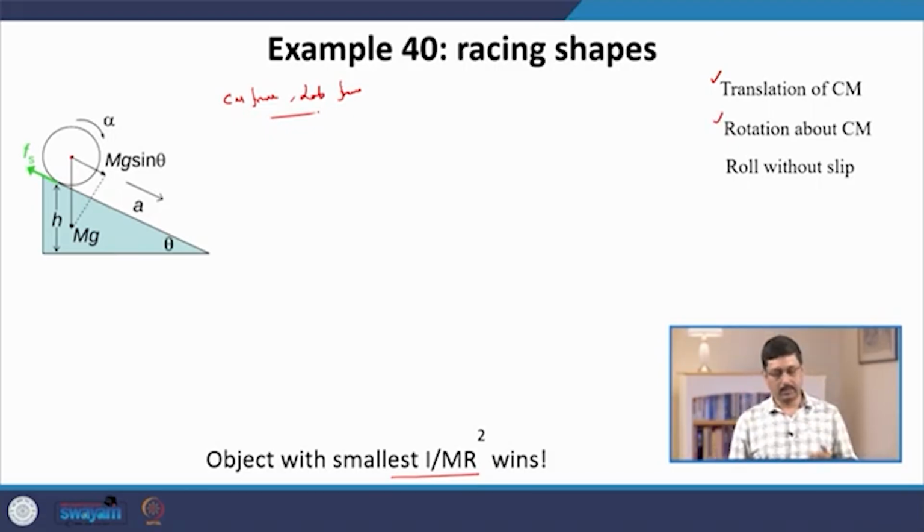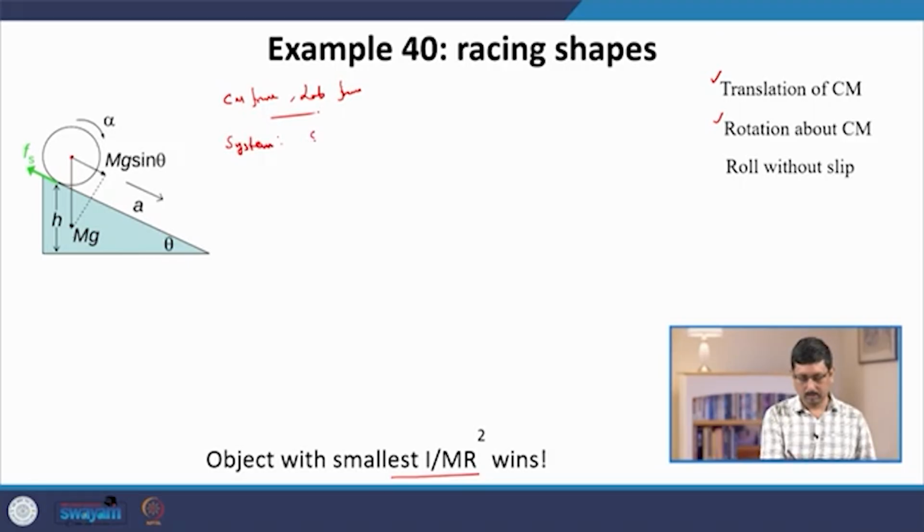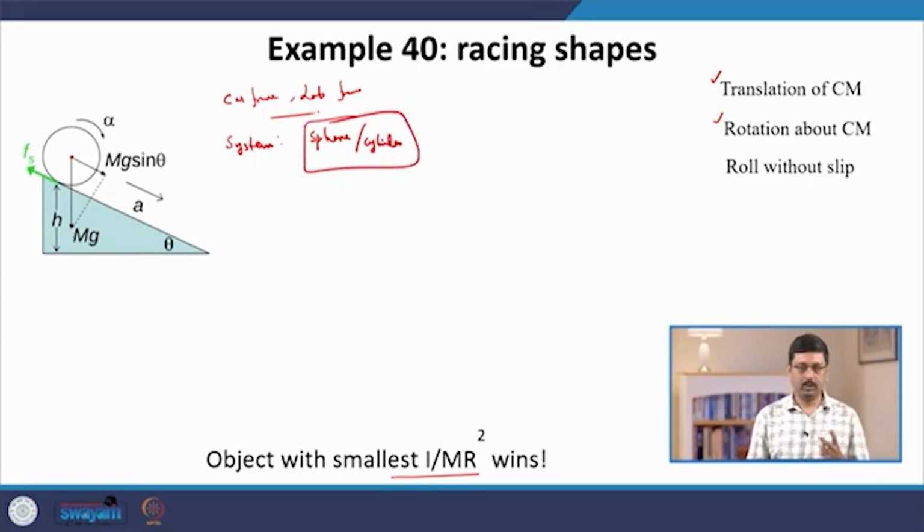Now, what determines the translation of the center of mass? This object is our system. On this there are two forces acting. One is the friction between the plane and the object, and the second is gravity, which is acting downwards.